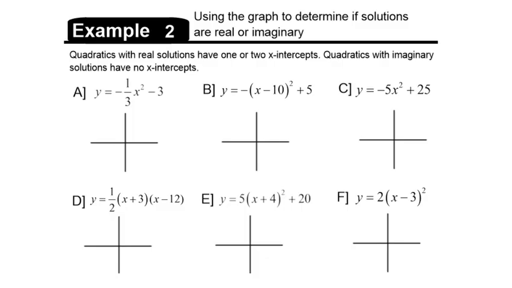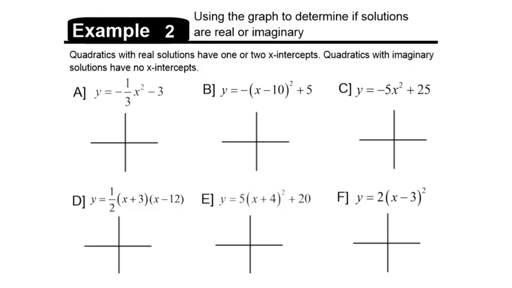Now D is in x-intercept form. This is x equals negative 3. This is going to be x is 12. So 1, 2, 3, 4, 5, 6, 7, 8, 9, 10, 11, 12. We've got x-intercepts because this is in x-intercept form. Positive 1/2 is your A, and it means it's going to turn up.